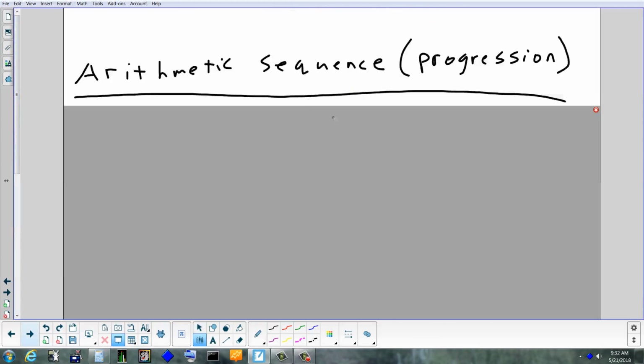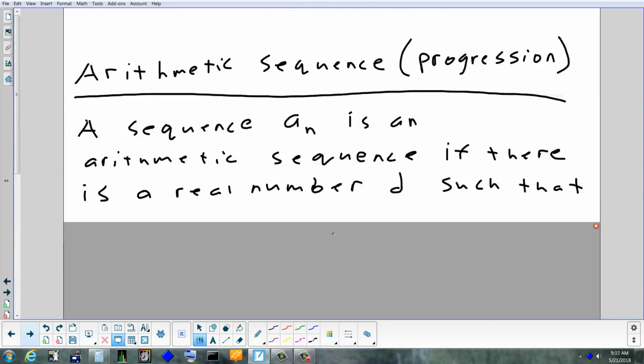Right, so there's 2 main sequences that we study, and you've already seen some examples of today. One is called an arithmetic sequence, or progression, same idea. And the other one is called a geometric sequence, or progression. So with an arithmetic sequence, basically what you're doing is you are adding a number over and over.